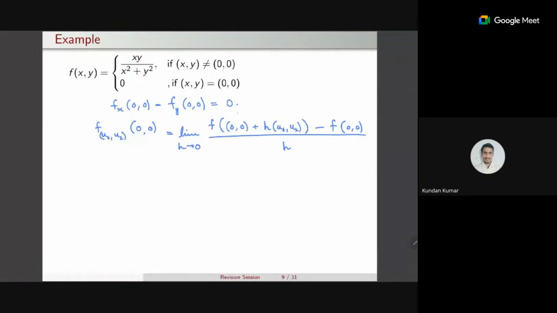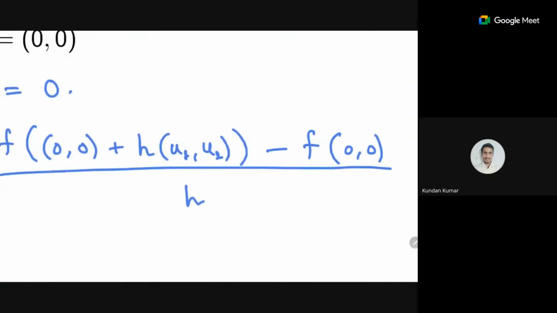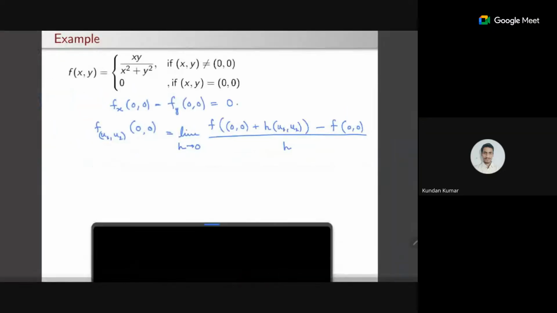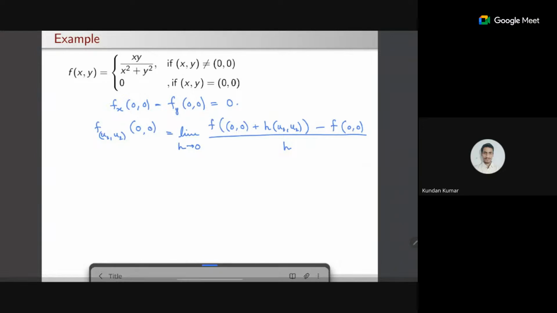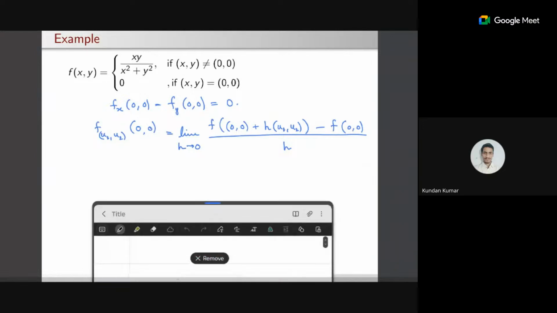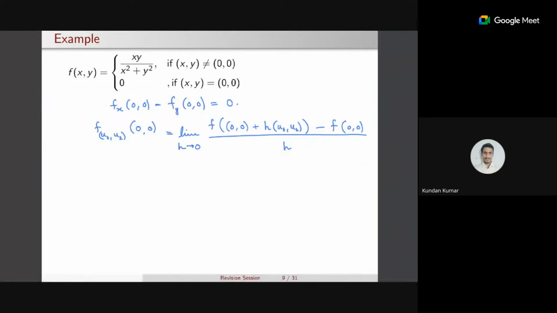This is point plus change, function value at point plus change, minus the function value at the point, divided by the change.